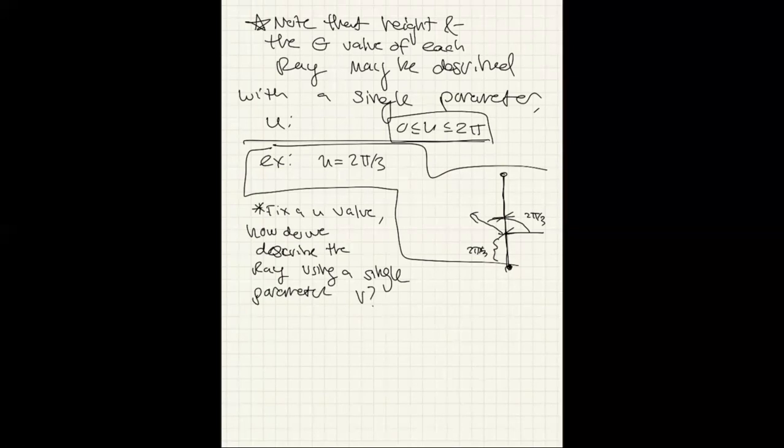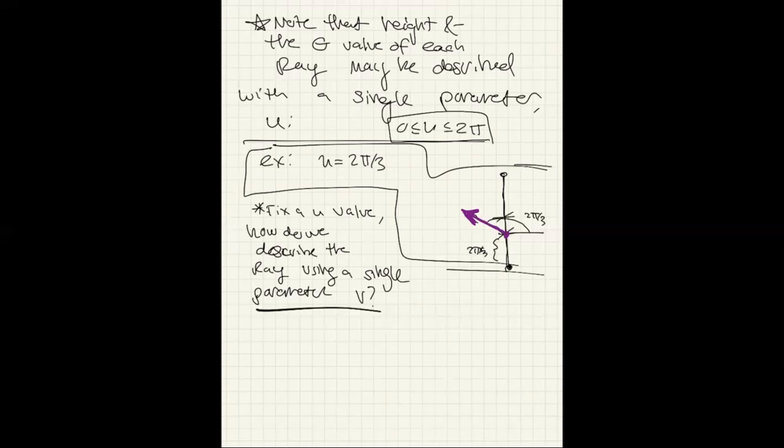Back to this boxed example, for a fixed u, the thing I'm trying to describe is this purple ray. It's a one-dimensional object, so it needs only one parameter to be described. So how do we describe a purple ray after we've fixed u?